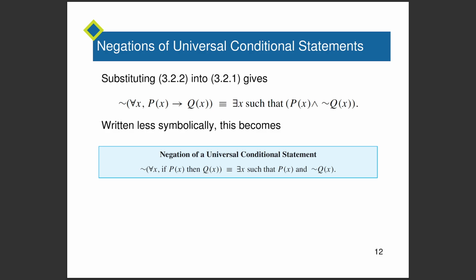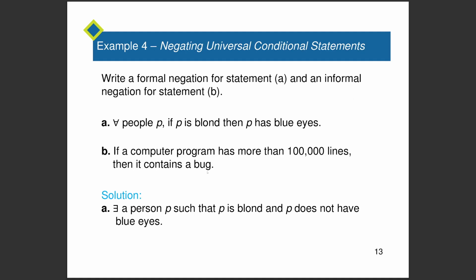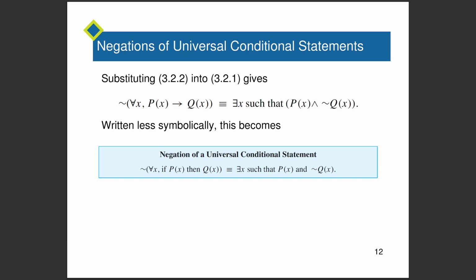So the negation of a statement, there exists an x such that p of x is true, but q of x is false, in symbols means that there exists an x such that p of x and not q of x, right?